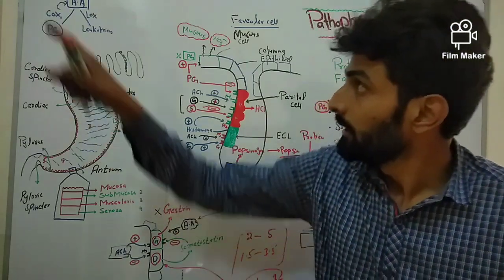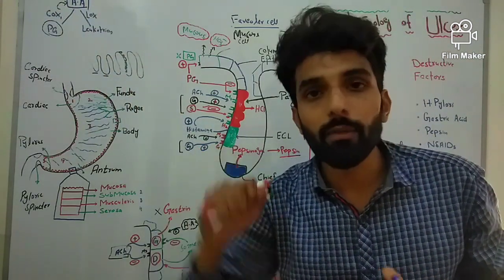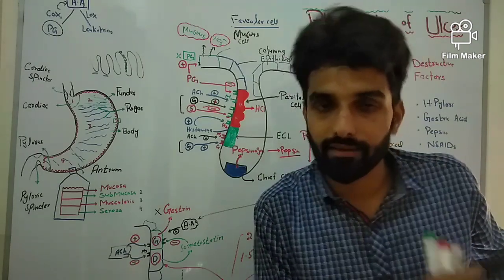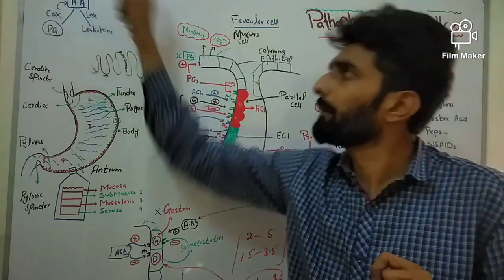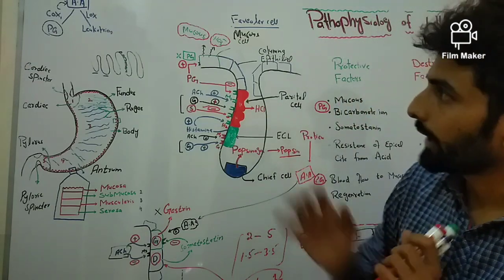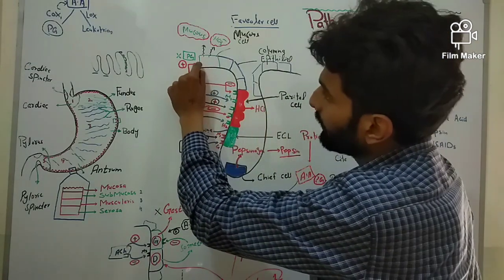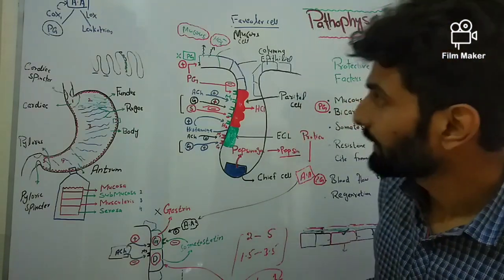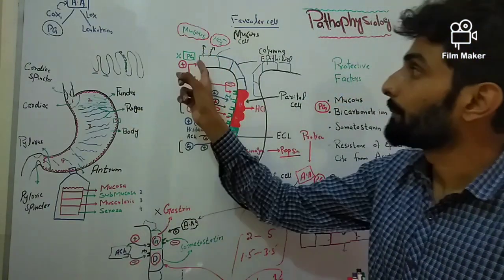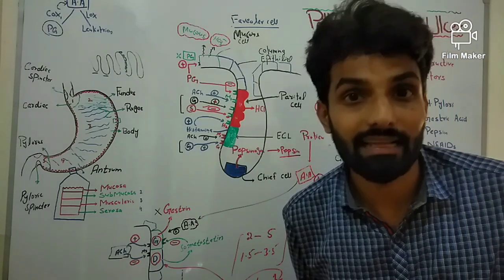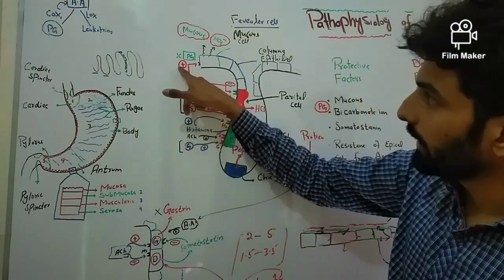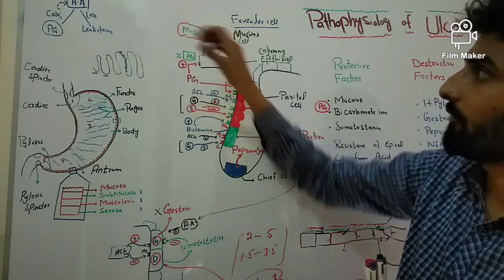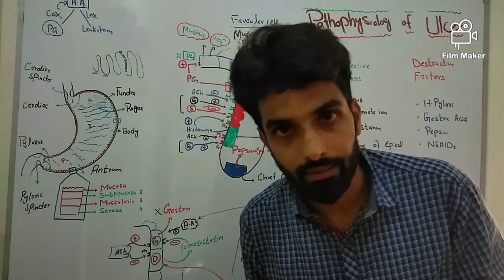The detailed pathway will be explained when I talk about the pathophysiology of ulcer due to NSAIDs. But here you get to know that when prostaglandin acts on its receptors present on the foveolar cells, the mucous cells, it will increase, as the positive sign indicates, the secretion of mucus and bicarbonate ion.